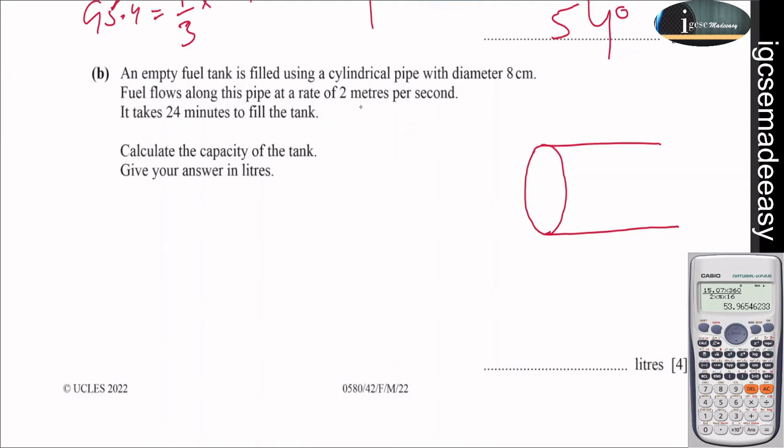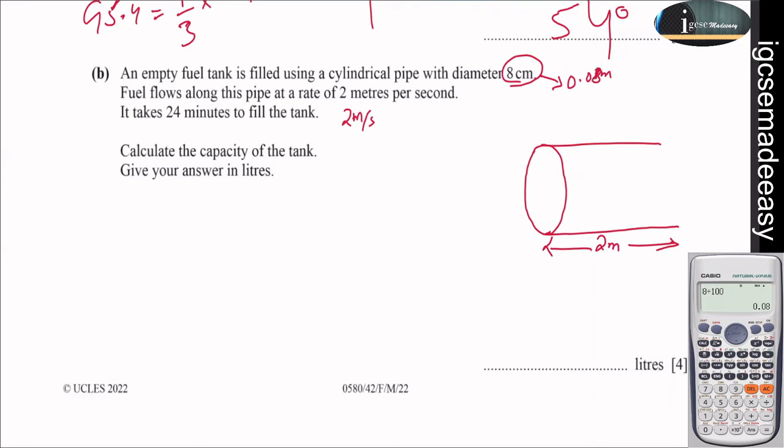So 2 meter per second is the flow rate, and we can write 2 meter as the length of the cylindrical pipe, and the diameter is 8 centimeter. If I convert this 8 centimeter to meter, 8 divided by 100 gives you 0.08 meter.